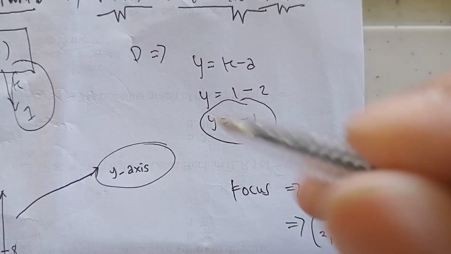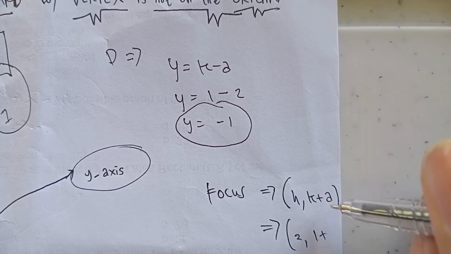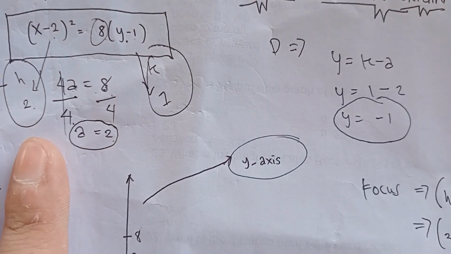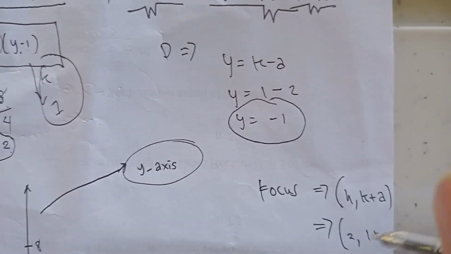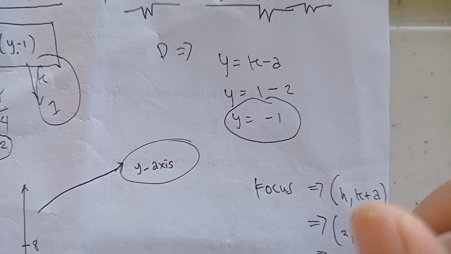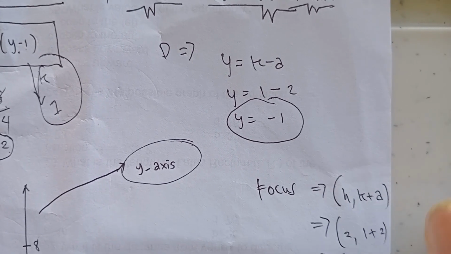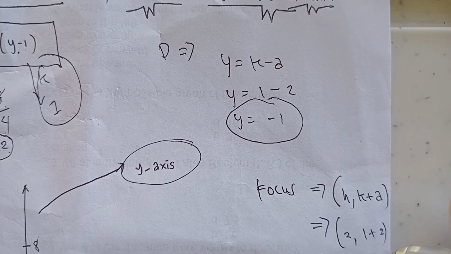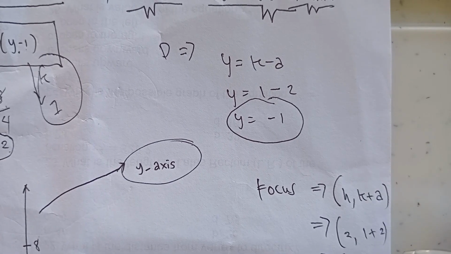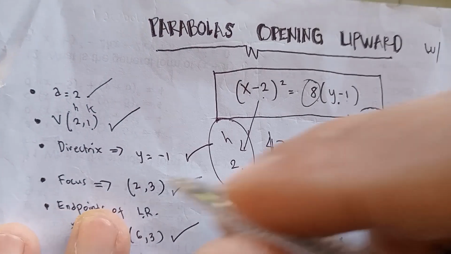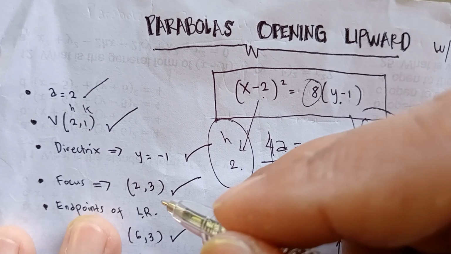Then the value of k, positive 1, plus the value of a, we have positive 2. It will become (2, 1 plus 2), we have 3. Our focus is (2, 3). We'll write it. We have focus equals (2, 3).